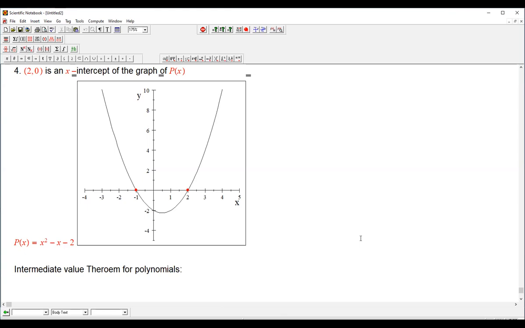What it says is that if P is a polynomial, and we choose numbers A and B, such that P of A and P of B are opposite in sign.